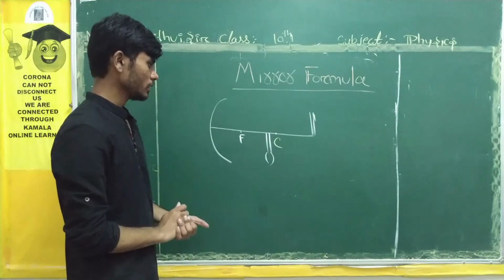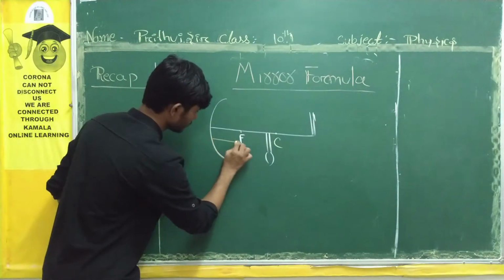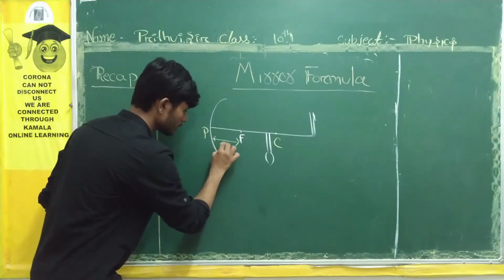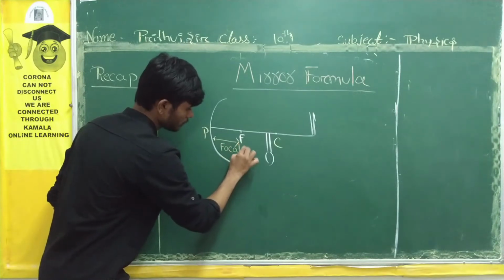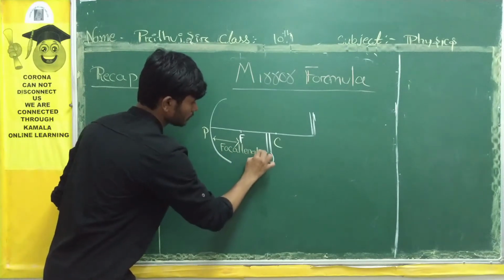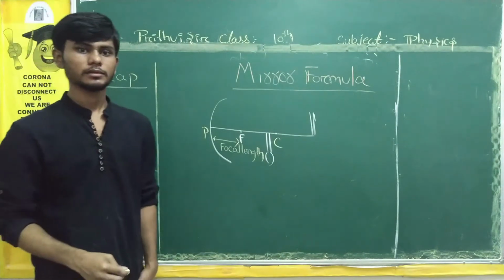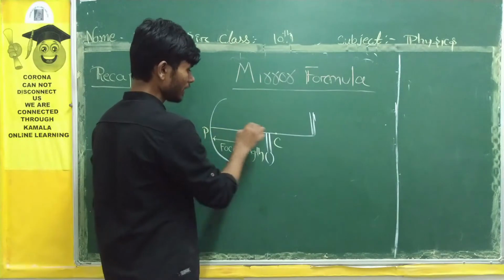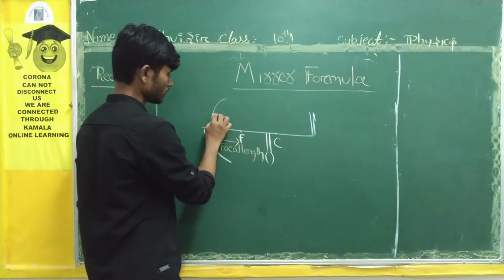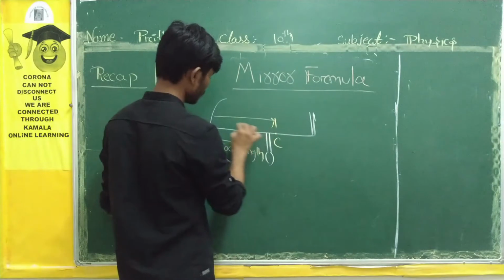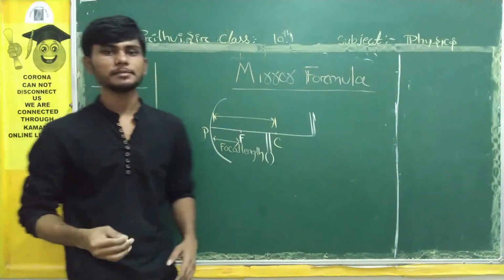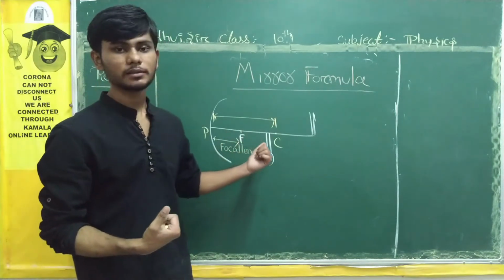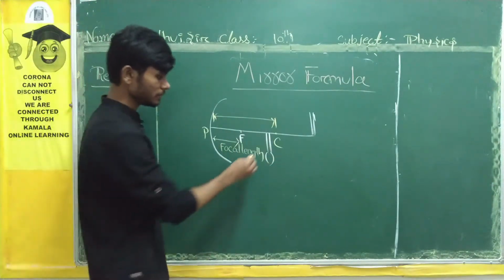Students, as you can see, the distance between P and F is called focal length. Did you get it? Then the distance between pole and center of curvature, from here to here, is known as your what? Image distance. This is the image.